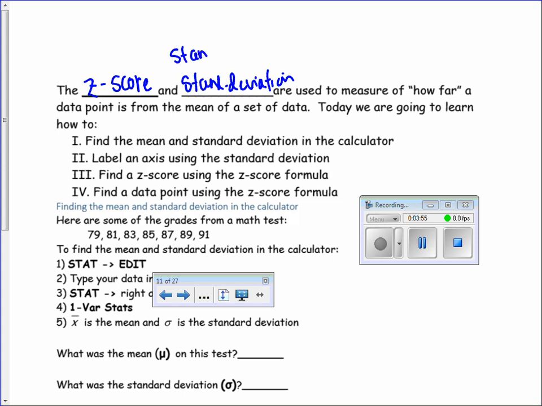Standard deviation. Each of these measures of central tendency are used to measure how far a data point is from the mean of a set of data. So in a list, it helps us predict how many people, percentage-wise, fall into a certain category or get a certain score.